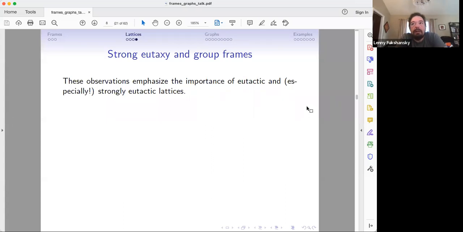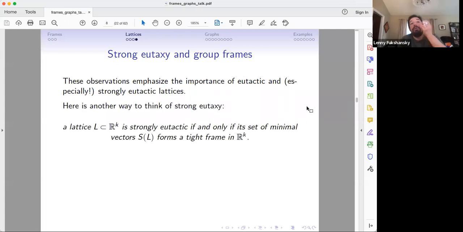So if the lattice is eutactic but not perfect, it's not a local maximum, but it's still a critical point of the packing density. These observations emphasize the importance of eutactic and especially strongly eutactic lattices, because those turn out to come up especially often in the study of packing density and related problems.